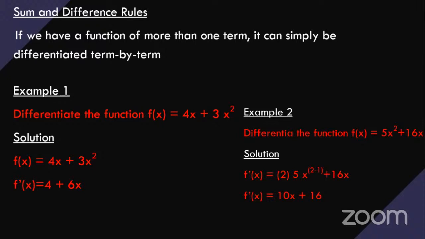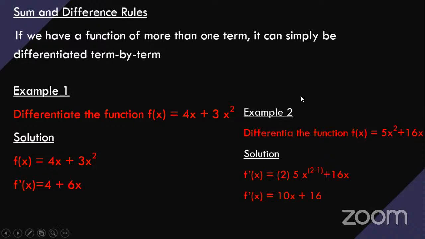The same sum and difference rule, we can also apply in example 2. When we differentiate the function f of x equals 5x squared plus 16x, we differentiate term by term.